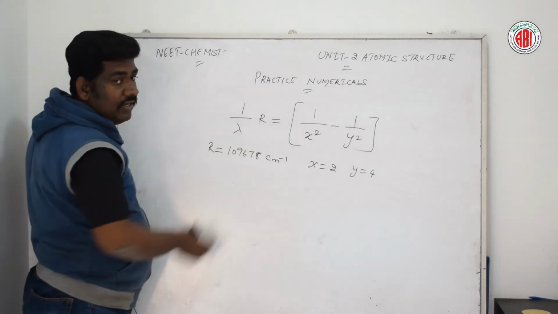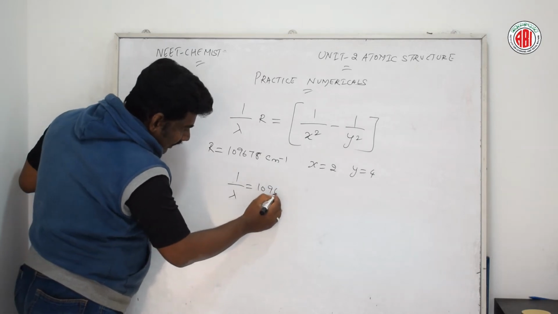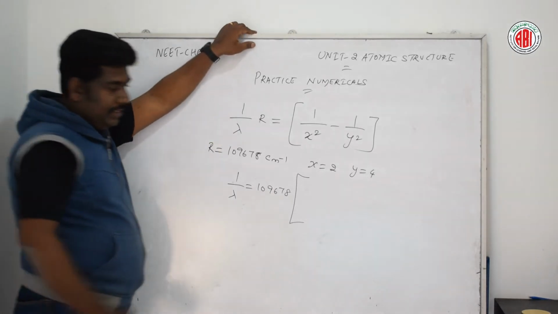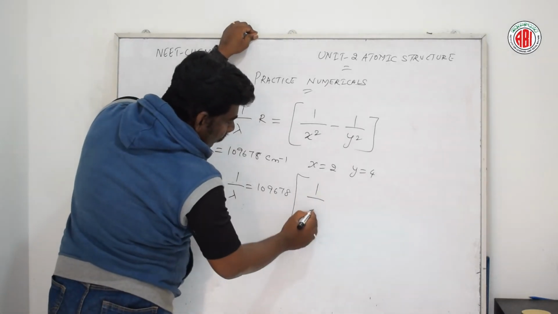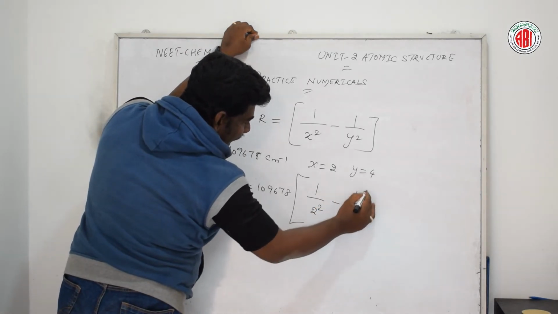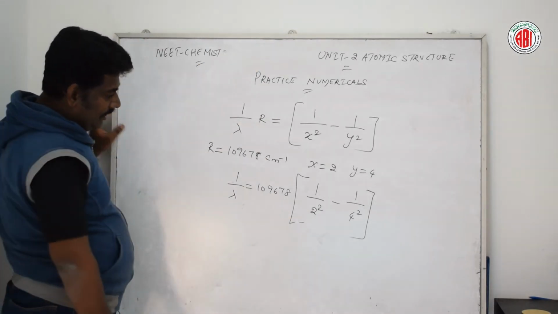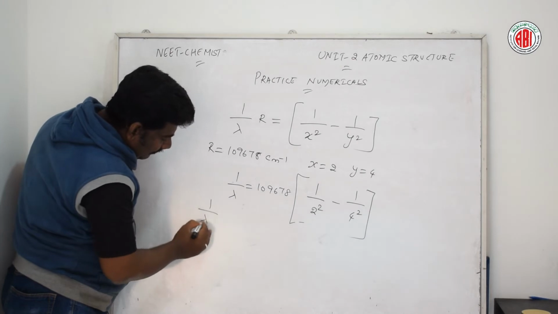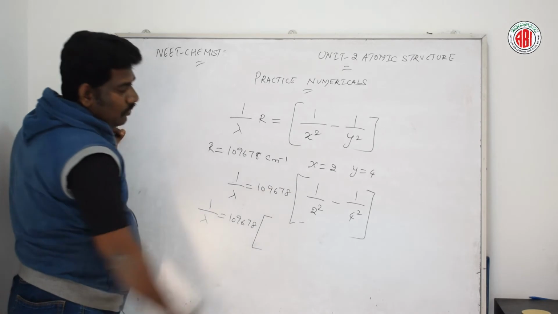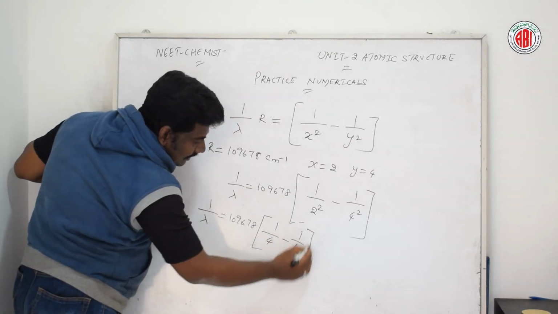Applying the values in the formula, 1 by lambda is equal to 109678 into 1 by 2 square minus 1 by 4 square. 2 squared is 4, 4 squared is 16. That means 1 by lambda is equal to 109678 into 1 by 4 minus 1 by 16.